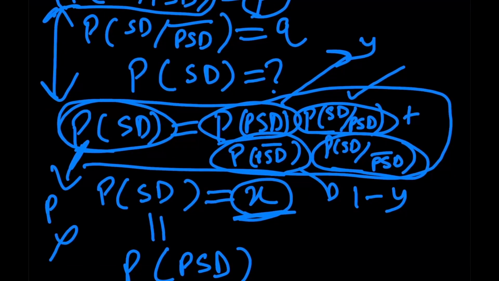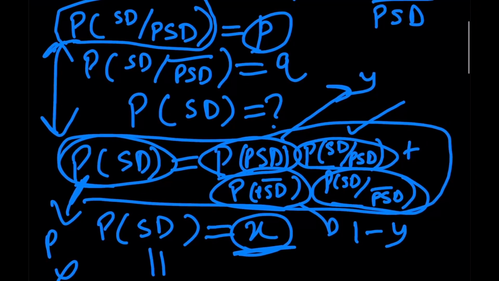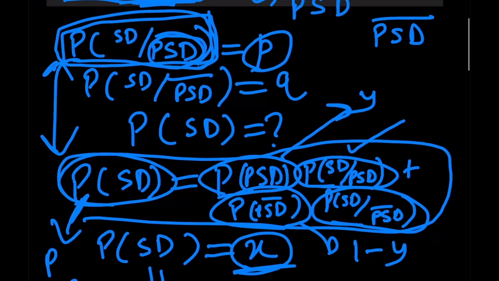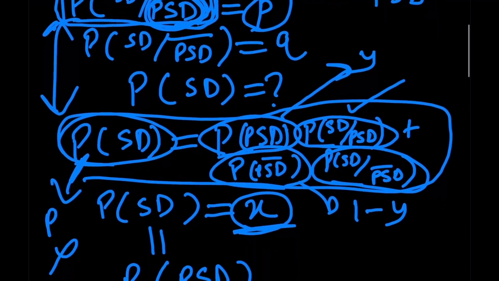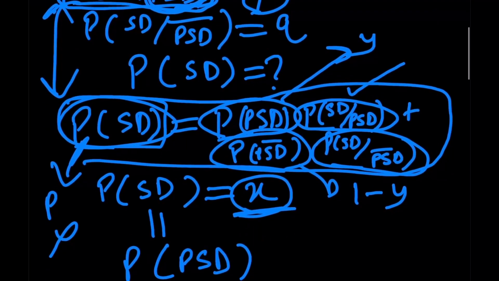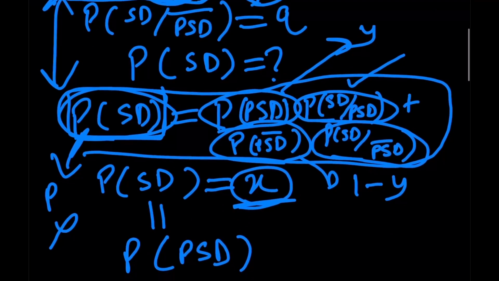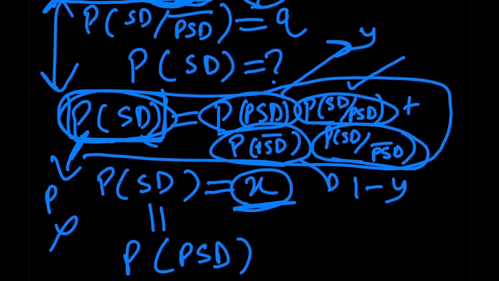That is not correct, because this event is also including the fact that there's additional information that the previous snowflake was a stellar dendrite. This is additional information, and that completely changes the value of the probability. So if this value is p, that has no relation with this value being anywhere near p. That's why we take it to be x. And this is actually the value that has been asked of us.